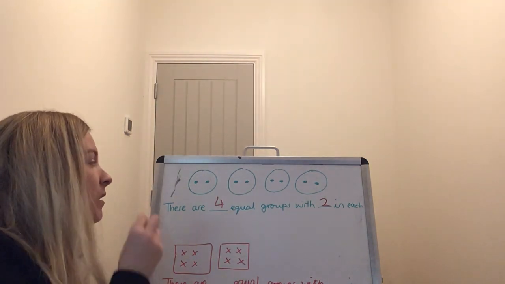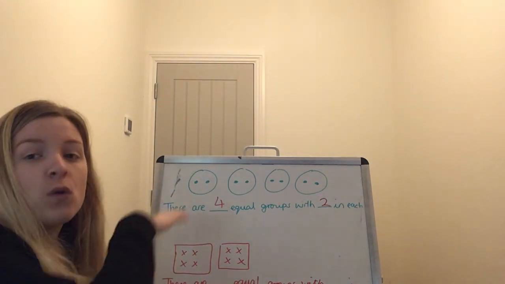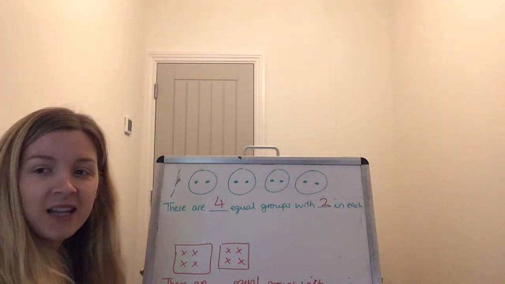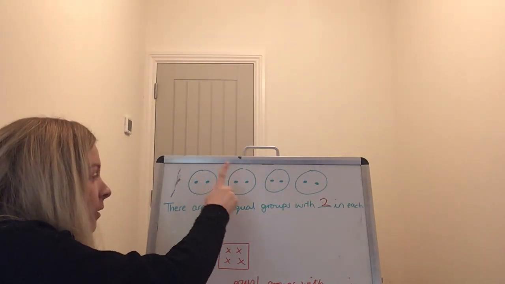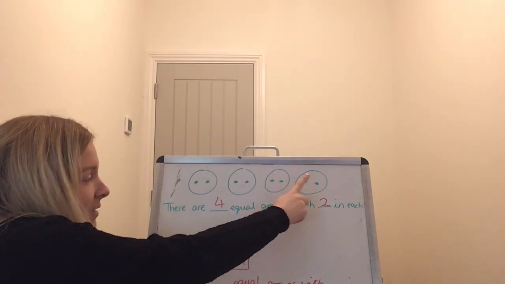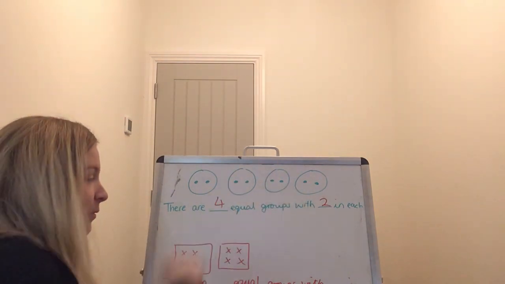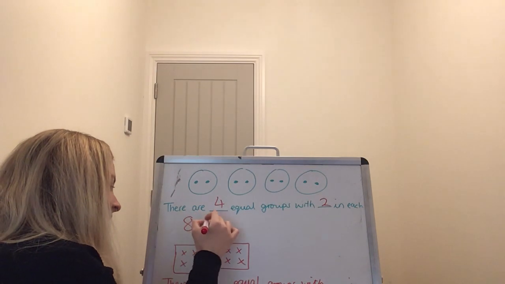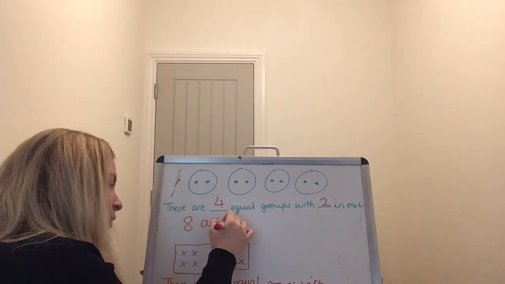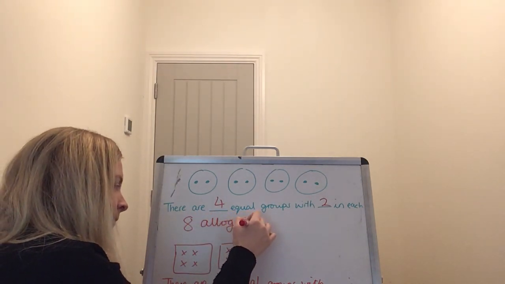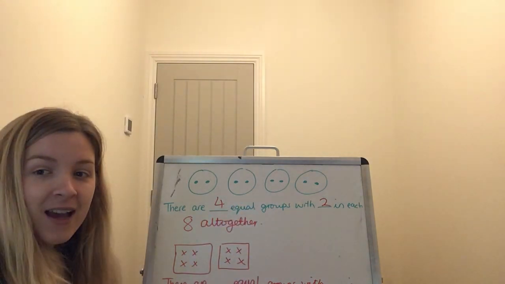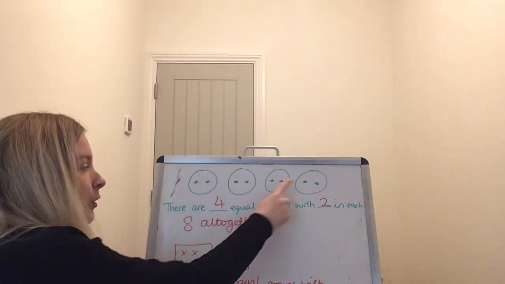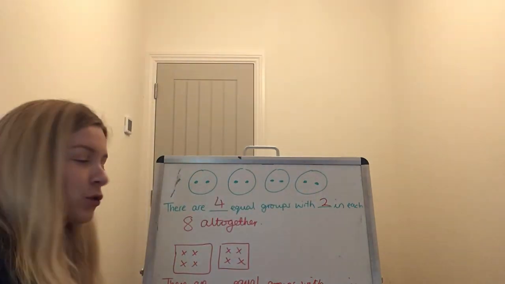How many little dots are there altogether? Let's count. Can you count in twos with me? 2, 4, 6, 8. Well done. 8 all together. Four groups with two in each group.